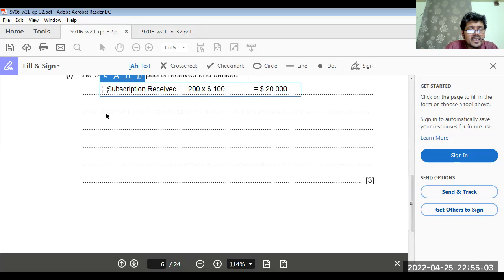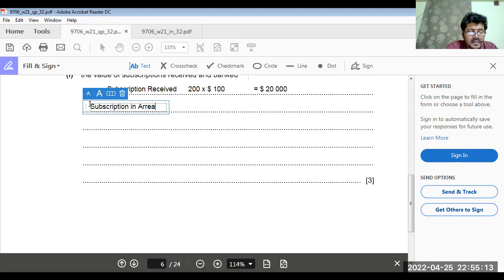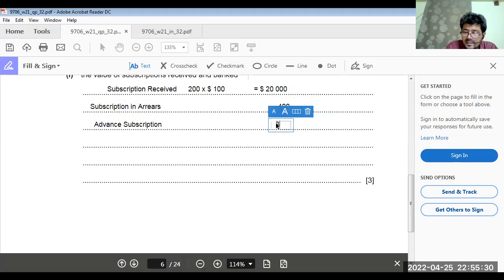Okay, then we received subscription in arrears 400 and advance subscription would be 300. So total subscription we received would be 20,700.